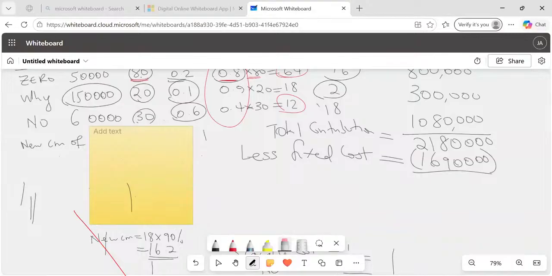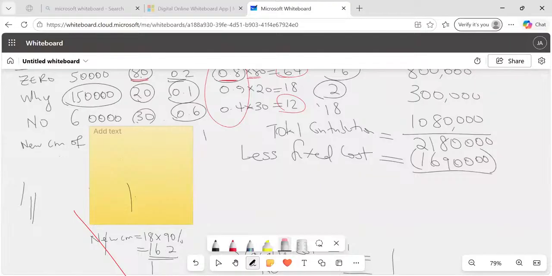Now, there is a place where they have told us the fixed cost per unit. If you look at note number 4, there is fixed cost per unit, which is 6.5.